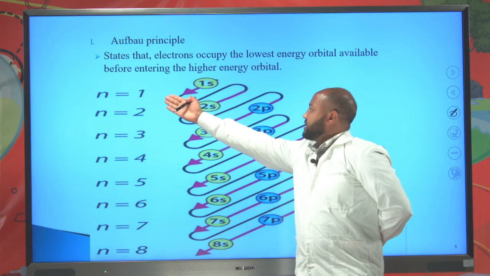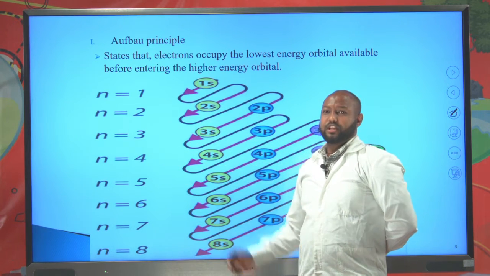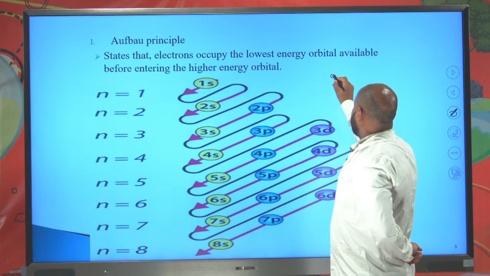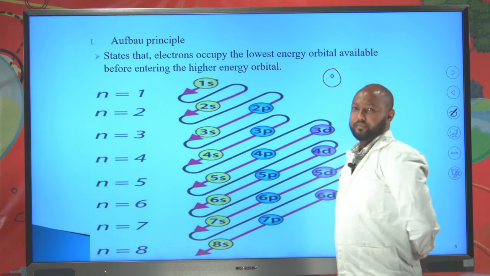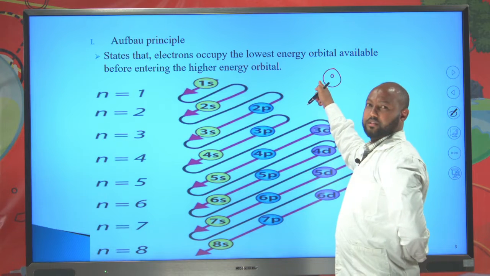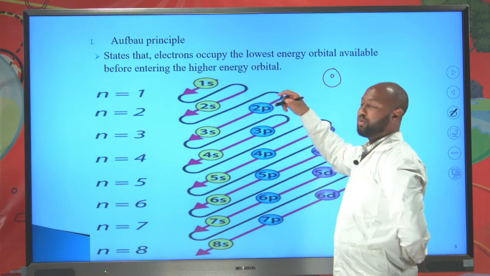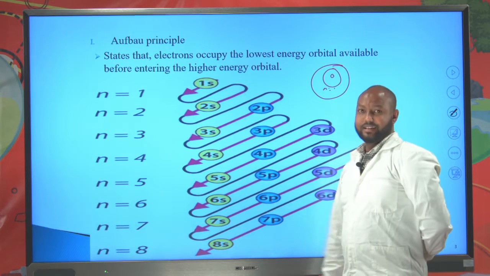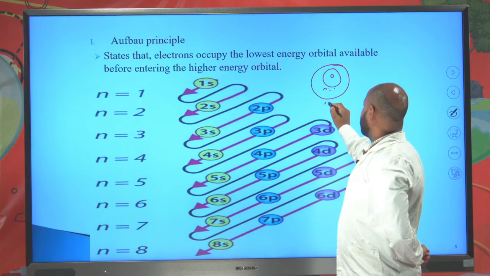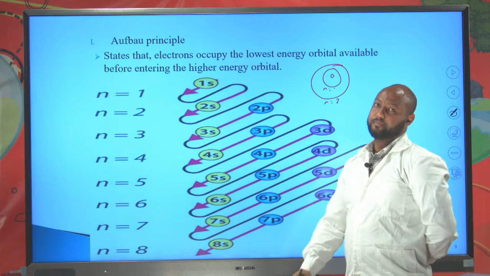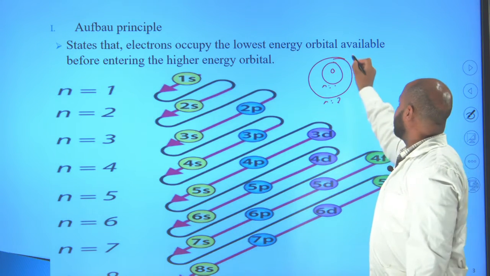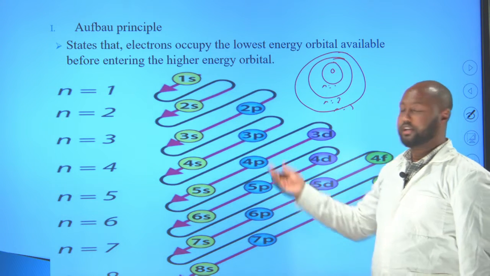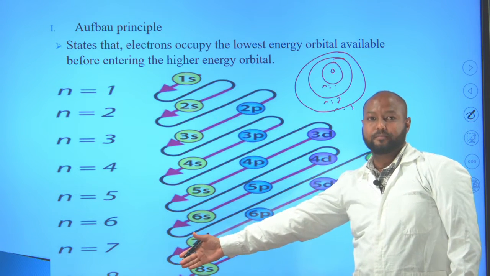This one is the principal quantum number, which tells us the energy level. Assume the nucleus as the center of an atom. This is the first energy level, principal quantum number n equals 1, K shell. The second energy level, n equals 2, L shell. And the third energy level, n equals 3, M shell, and it continues up to infinity.